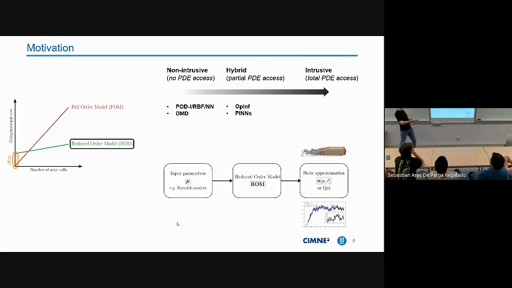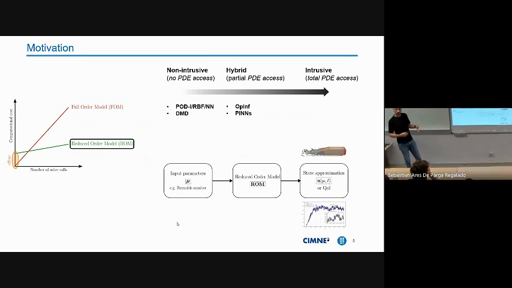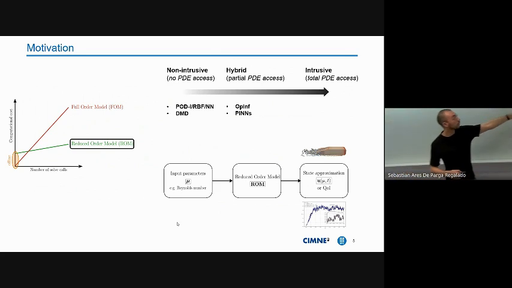In between are the hybrid reduced order models, which require partial PDE access. Two examples are the ones where you try to infer the operators of these reduced order models from the data, and physics-informed neural networks, which use the equations in the training stage.